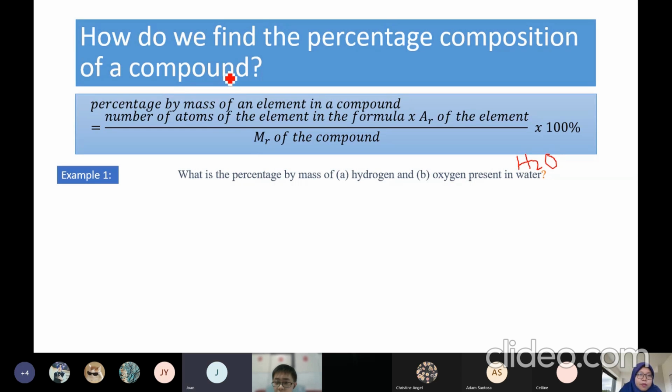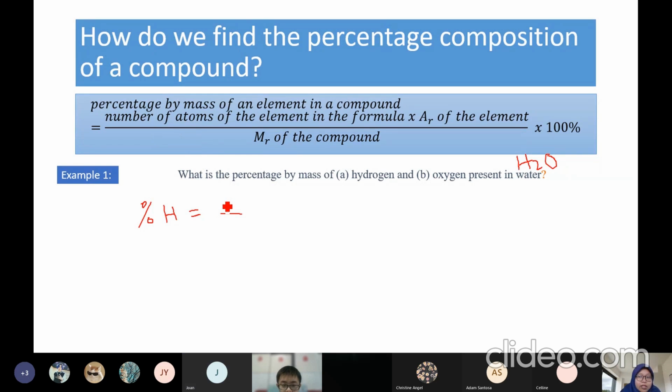So it means percentage of hydrogen. How to calculate it? Number of atoms of hydrogen.